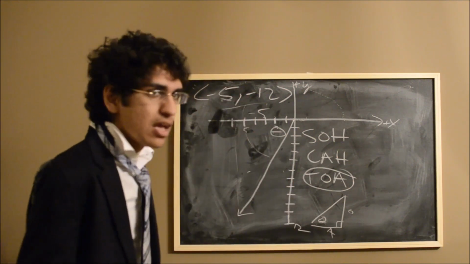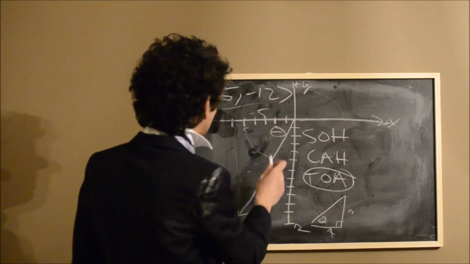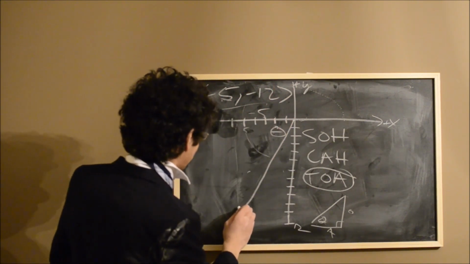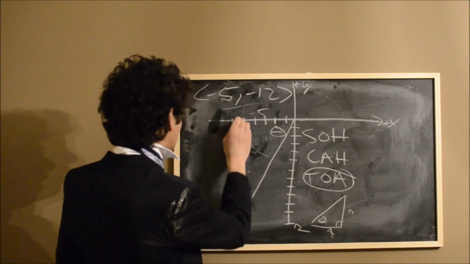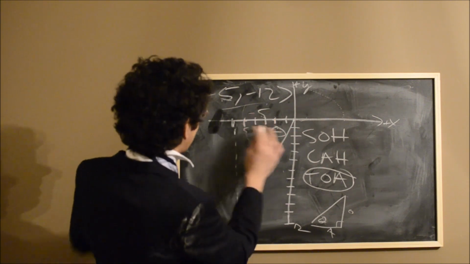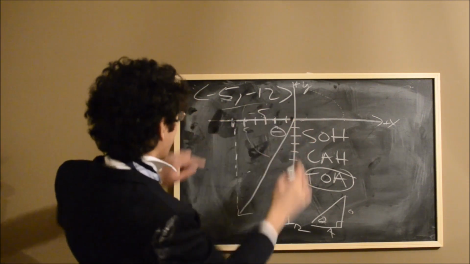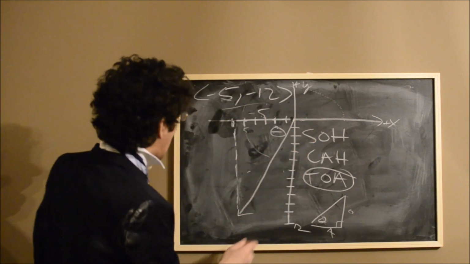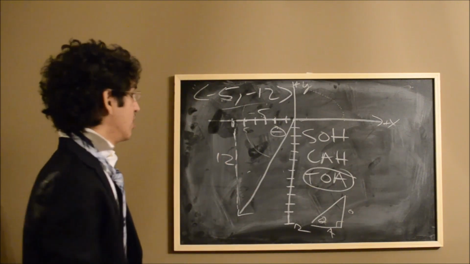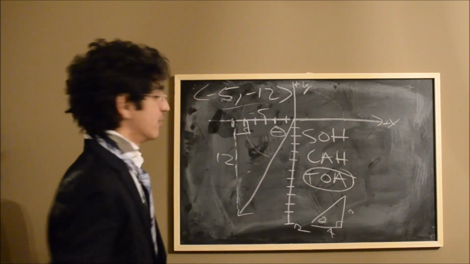Well, first, we see that this length, if we're to make a right triangle out of this vector, we'll draw a leg here, and we'll draw a leg there. This leg has a length of 5. This leg has a length of 12. Now, that's the right angle.